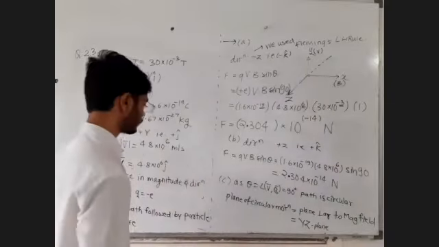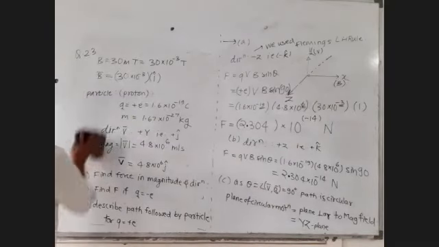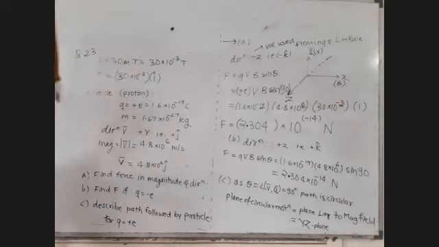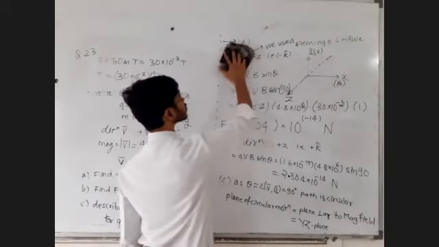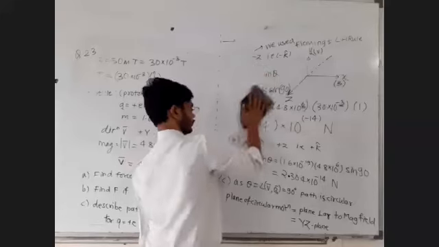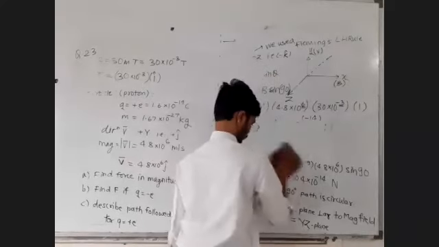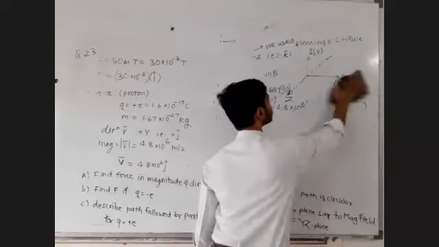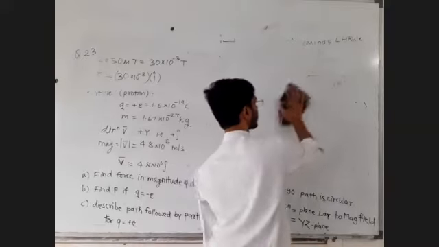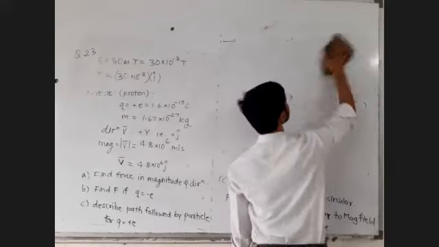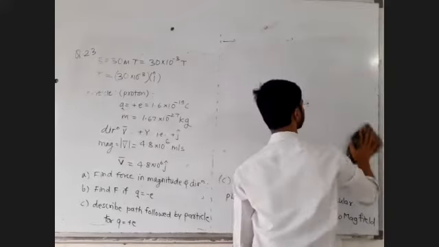And the last thing, the radius of the circular path also you have to find out. Let us solve it here. Use the formula R is equal to mv upon bq.